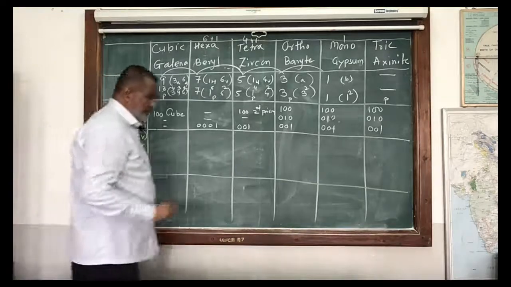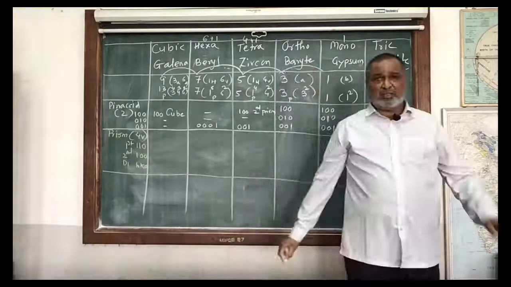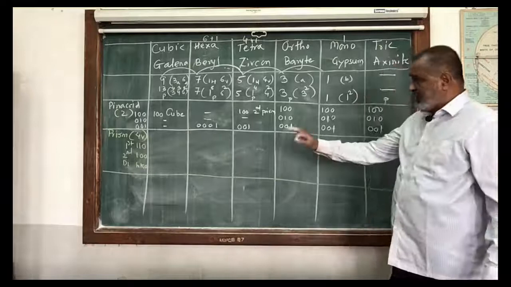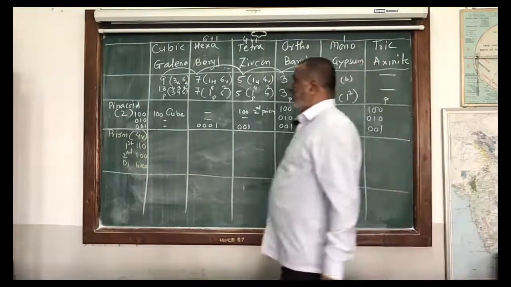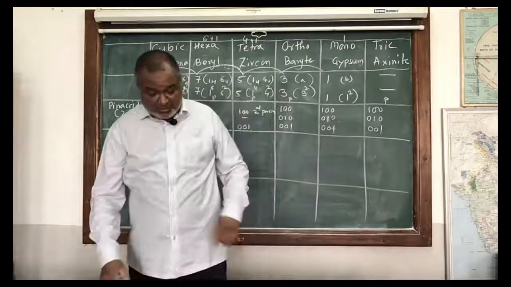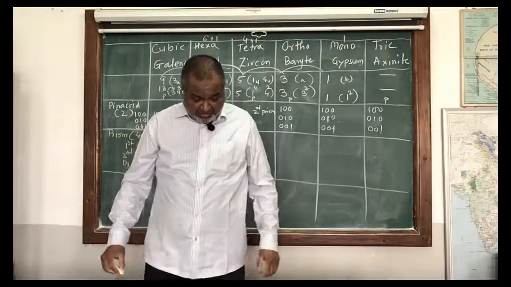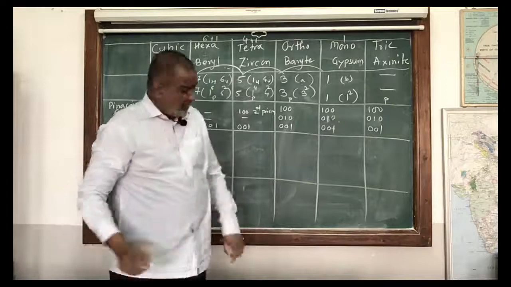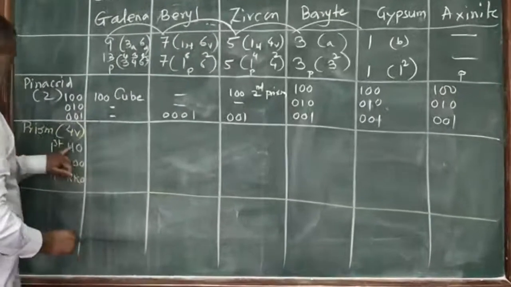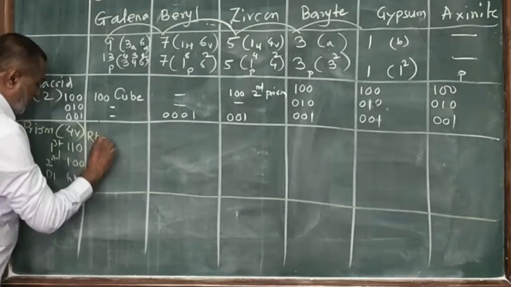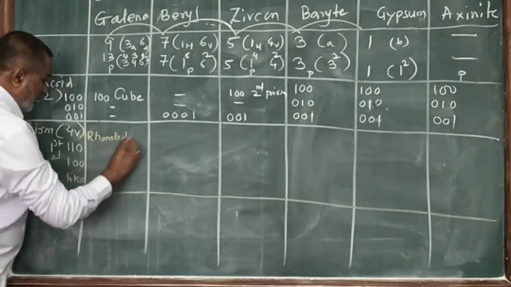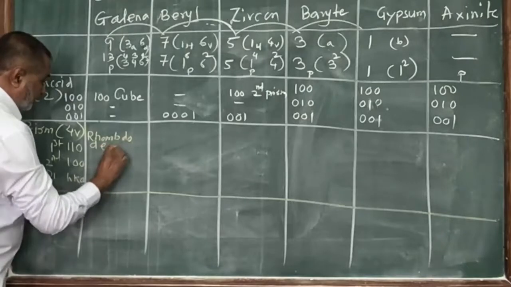So remember these common indices, and now we'll see similar indices which we are going to get in the various systems. Now the first one, in the cubic system 1 1 0, here it is rhombic dodecahedron.